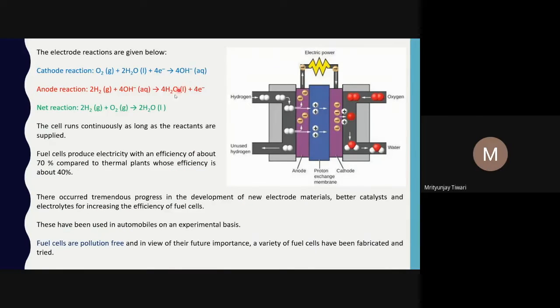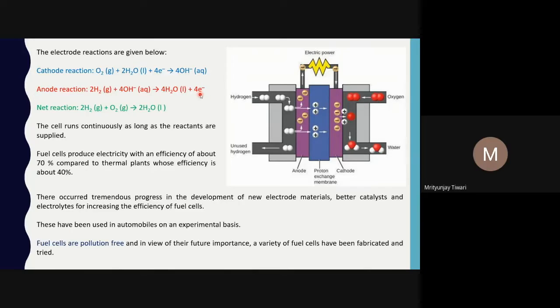And where do these OH minus ions come from? This is the NaOH that is there in the electrolyte. Again, we use porous electrodes because the ions can move freely through them. So the 4 OH minus comes from the electrolyte, and it reacts with the hydrogen to form 4 water molecules plus 4 electrons.